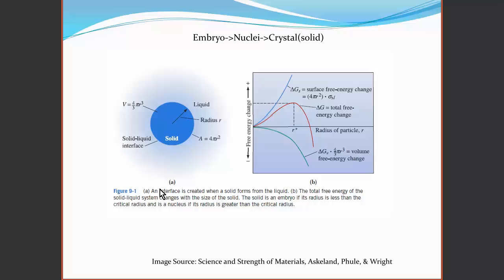So the idea here is that there is a competition between the volume of the solidified object and the surface area, and that once the nuclei reaches a certain radius, it is stable and may continue to grow, as by doing so a reduction in free energy is achieved.